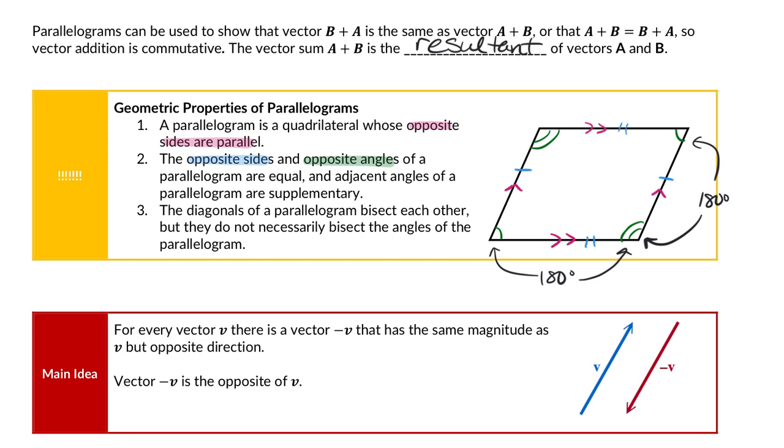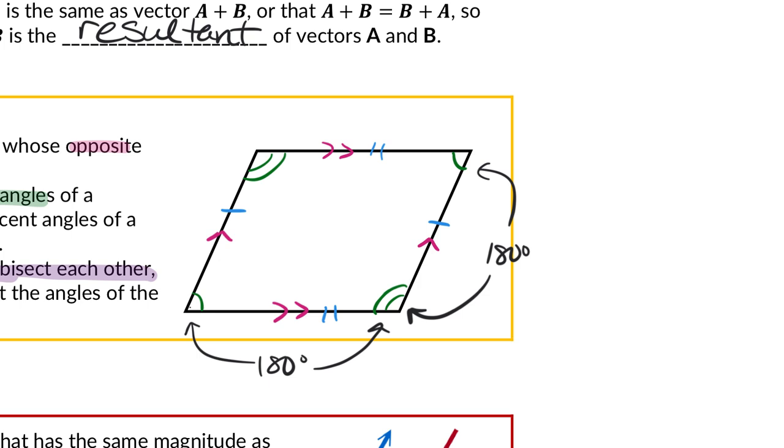The last thing we know from parallelograms that maybe is not as helpful to us is that the diagonals of a parallelogram bisect each other, but they don't necessarily bisect the angles of the parallelogram. So what that means is that if I have diagonals going from one corner to the other corner, and one corner to the other corner on the other two corners, those diagonal lines bisect each other.